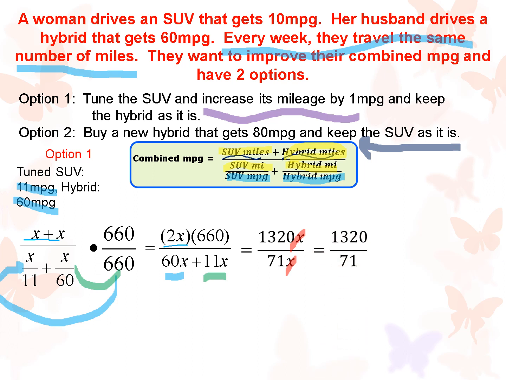So that gets me 1,320 over 71, and then you'll just type that into your calculator, or you can divide it by hand if you're feeling like you want some fun division, and you figure out that you get 18.6 mpgs. Okay, so you get 18.6 mpgs. That's just option 1. Let's look at option 2.